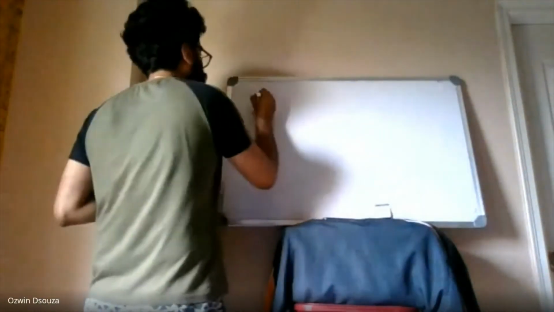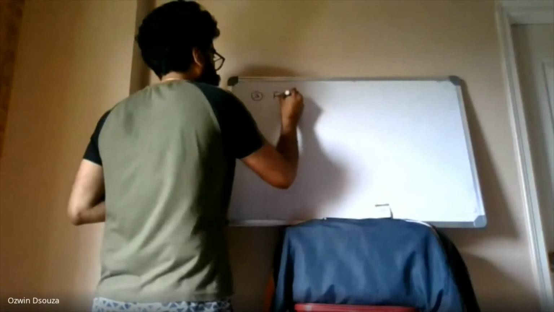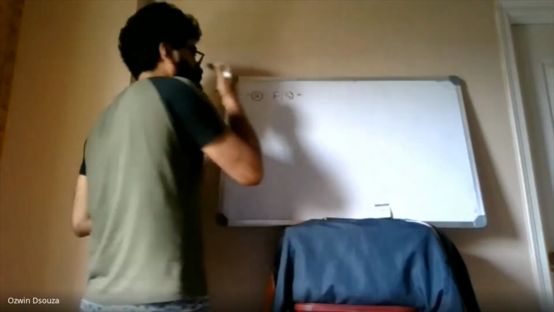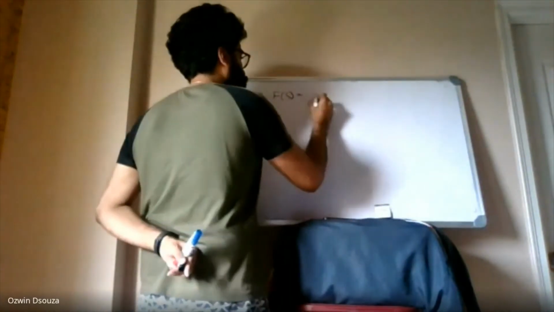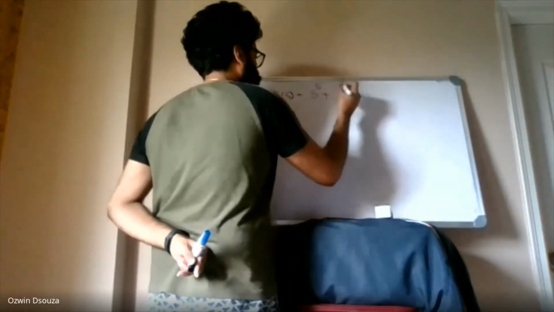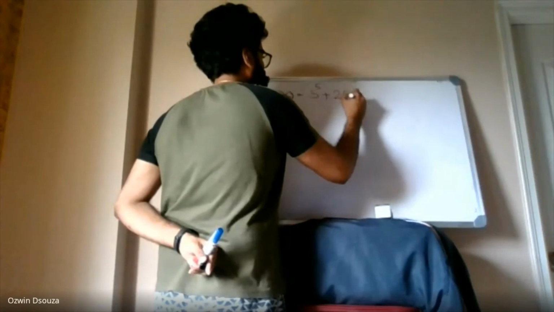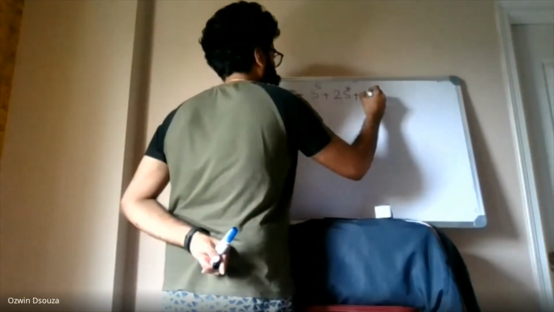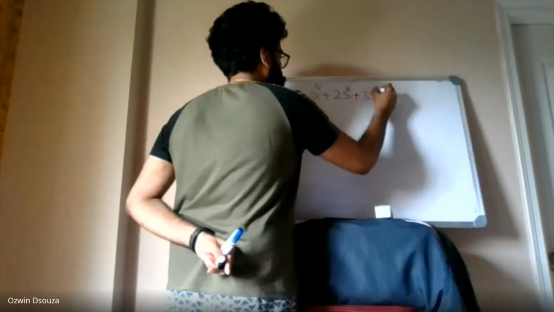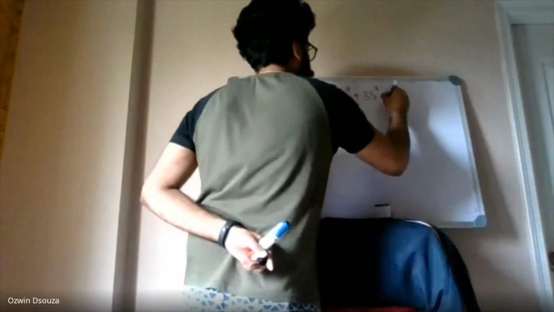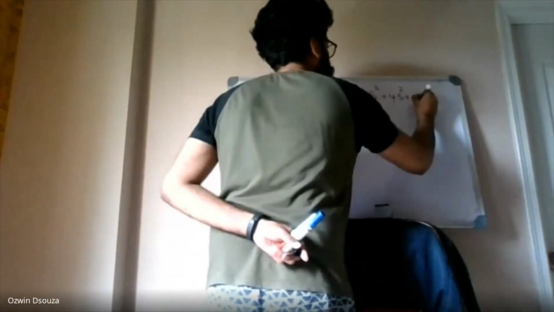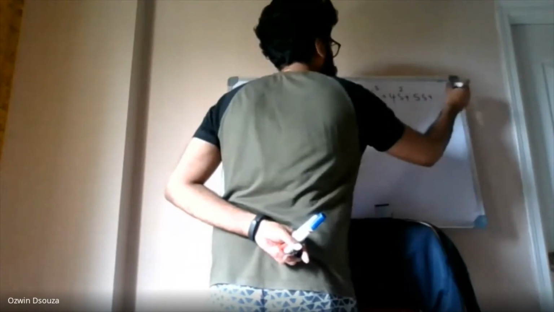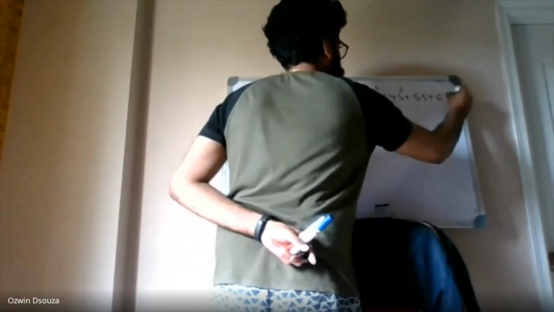Say example 3. Just taking my own characteristic equation. So s to the power 5 plus 2s to the power 4 plus 3s cube plus 4s squared plus 5s plus 6 is equal to 0.